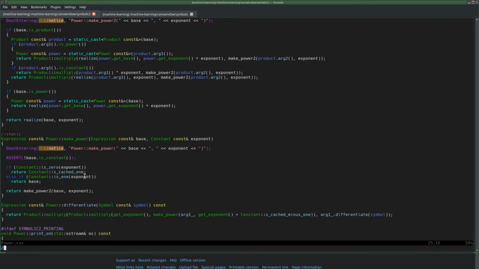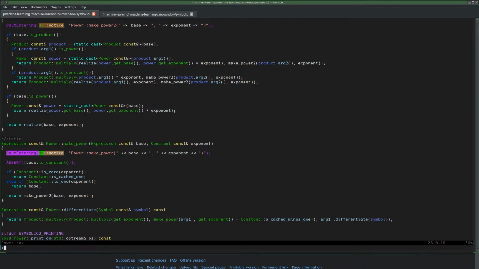I want to change the output, I think. So substitute that with, let's say, symbolic. I might even have that already.